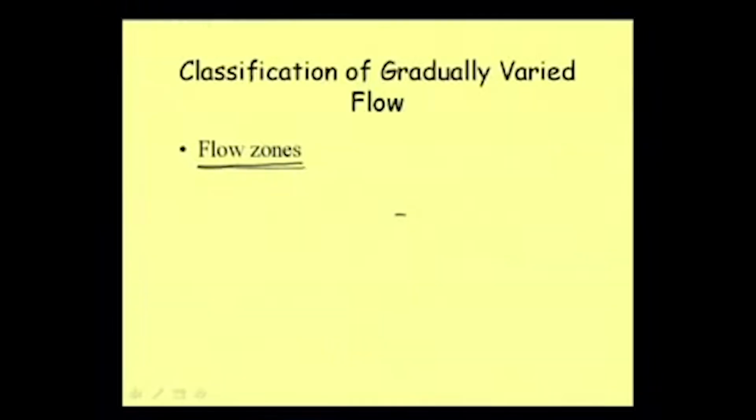Flow zone means, when a channel is there, the flow is occurring above the bed, and it can of course go up to infinity in that part. In this portion the flow is occurring, and this particular zone we divide into 3 different zones.